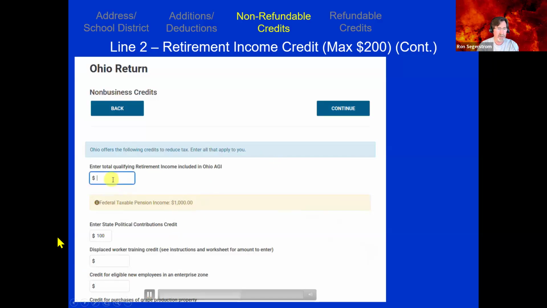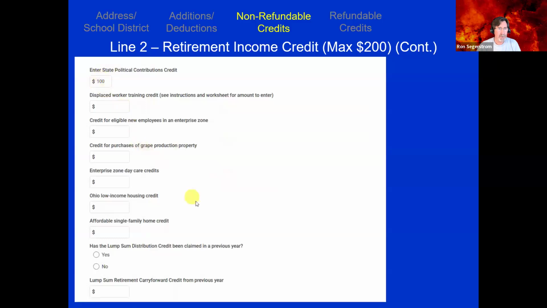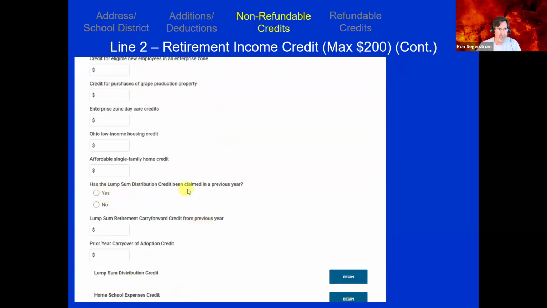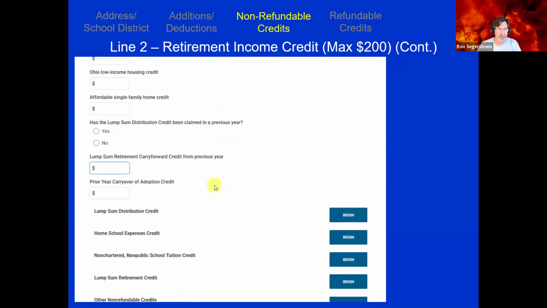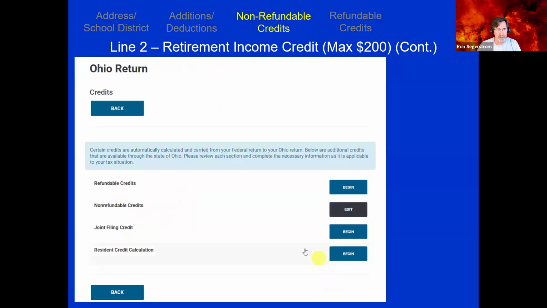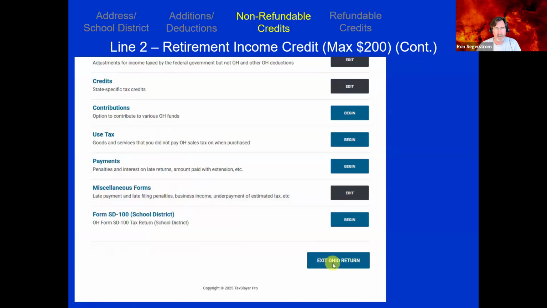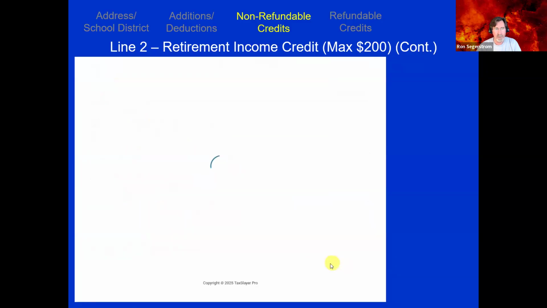In this case, all of it qualified for the retirement income credit. There are state political contributions. Don't touch the lump sum credits or homeschool credits. Just go ahead and exit out of the return, and you're done.